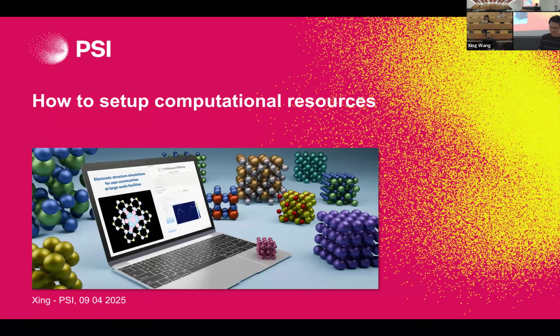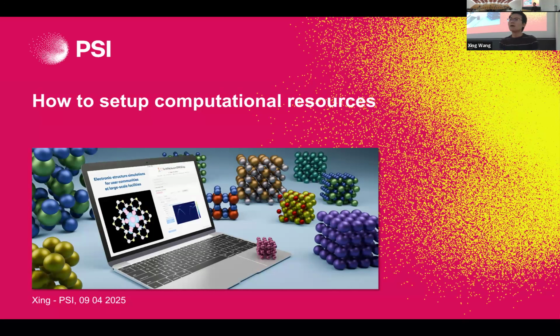Okay, then assume you have access to IDLab in your future work. Another important step is to set up the computational resource. Most DFT calculations are quite expensive, especially for realistic applications, right? We need a supercomputer to run them.